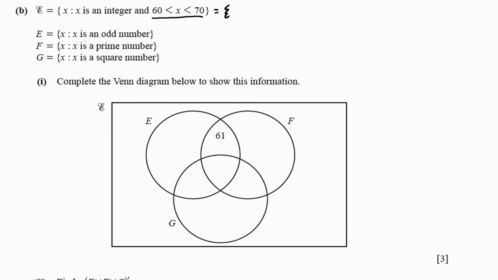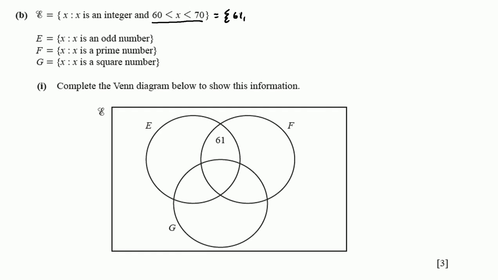X is between 60 and 70. This is true visually, as well as with the mathematical meaning. We are not allowed to include 60 and 70 because they haven't used or equal to signs. So I'm looking at 61, 62, 63, 64, 65, 66, 67, 68, and 69.